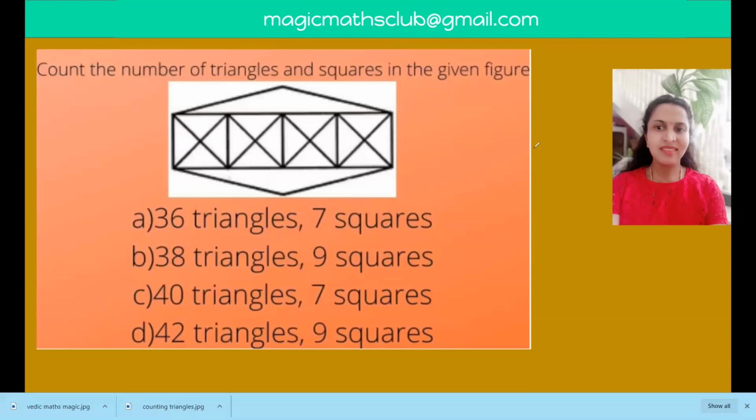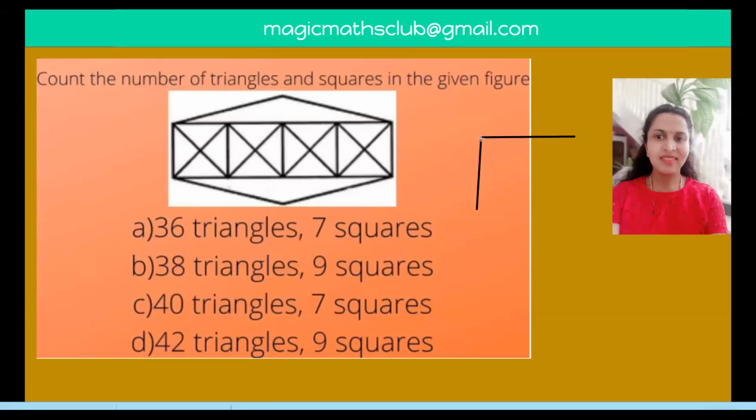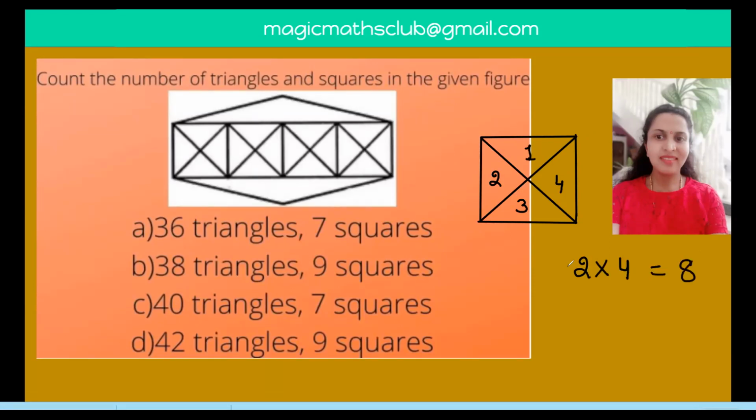Whenever you have, suppose, a square and it is being divided like this diagonally, then you have to count. I'll tell you how to count: 1, 2, 3, 4. So just 2 into 4. So how many triangles? 8 triangles.